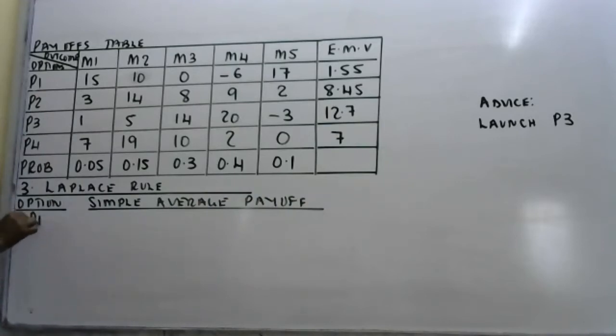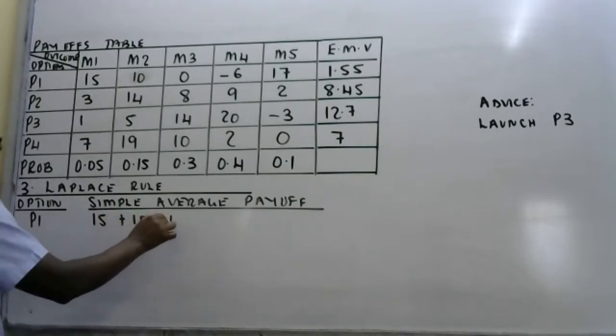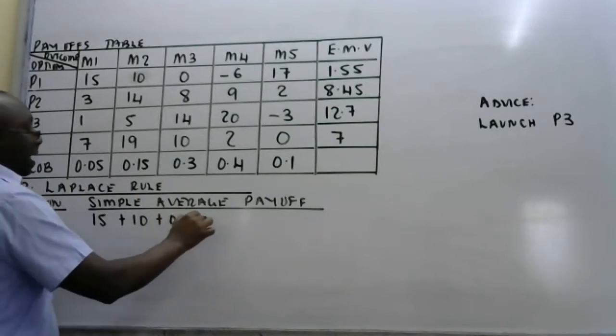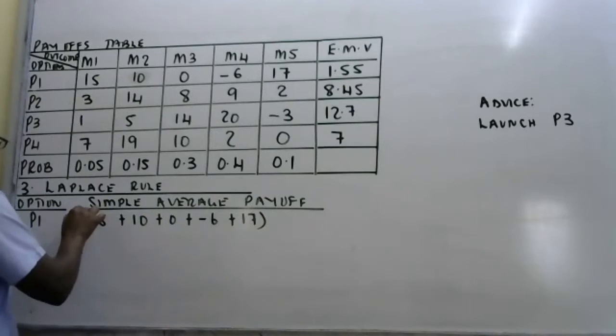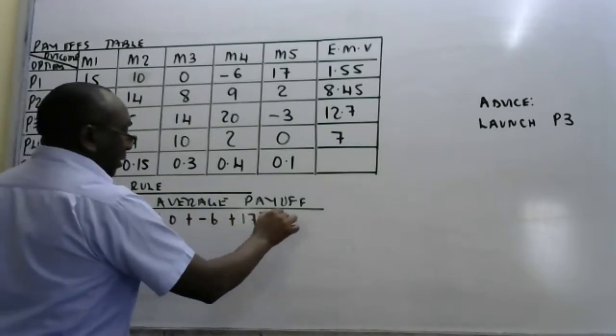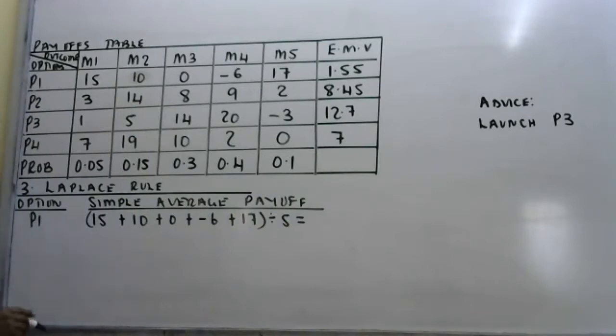For P1, you take the payoffs 15 plus 10 plus 0 plus minus 6 plus 17. All these you divide by 5 because there are 5 of them. That's simple average. You come to P2.